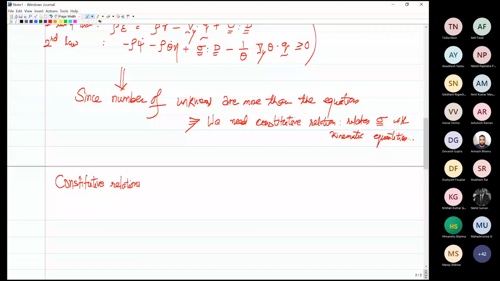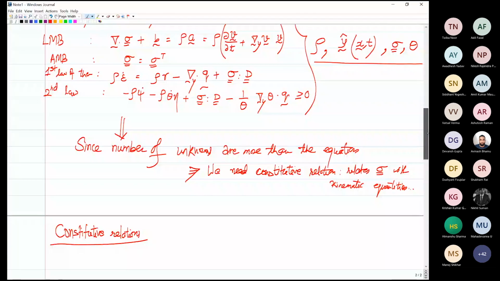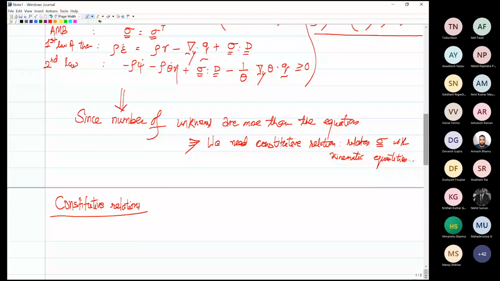Now you see, these are all the equations that we have, and there is no further equation that can exactly tell you the formula for sigma in terms of kinematic quantities. So one has to resort to experiments to derive such relations.